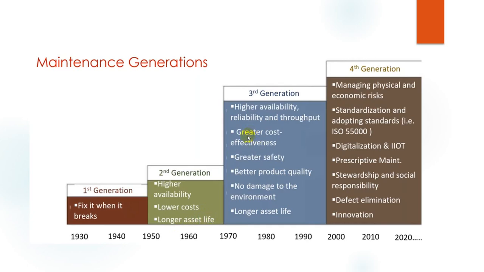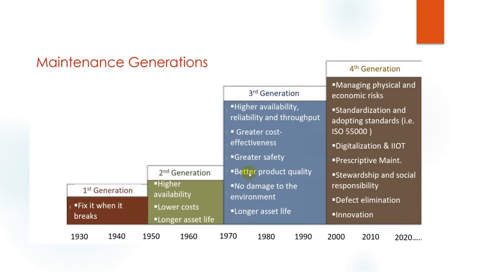Third generation, we talk about availability, reliability, and cost effectiveness. We talk about safety, whether this equipment is safe or not, and what precautions or procedures we have to take to run it in a safe way. And this safety is not about the equipment itself, it's about the whole plant, not only the equipment safety.